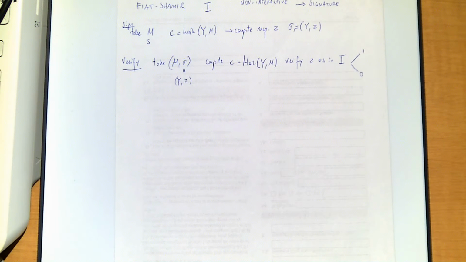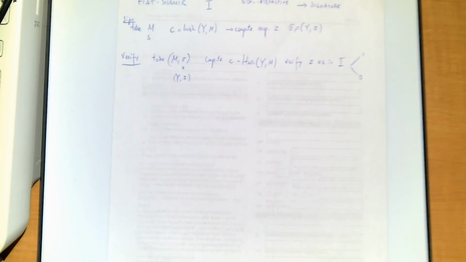Okay. So it's a clever transformation. Basically, the key idea is that you're going to challenge yourself by using a hash value which depends on your commitment and the message. And the verifier is able to regenerate that challenge. You don't have to pass the challenge because you're giving the commitment and the message. And there is a very important proof that this is secure.